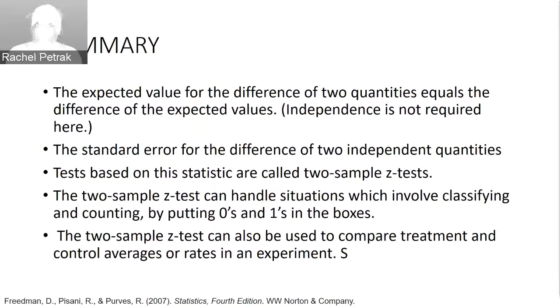So the two sample z-test expands the options for research scenarios we're prepared to evaluate. So before we could compare our sample to a population parameter, expected value, now we can compare our two groups to each other. You'll see that we can also compare more than two means, averages.